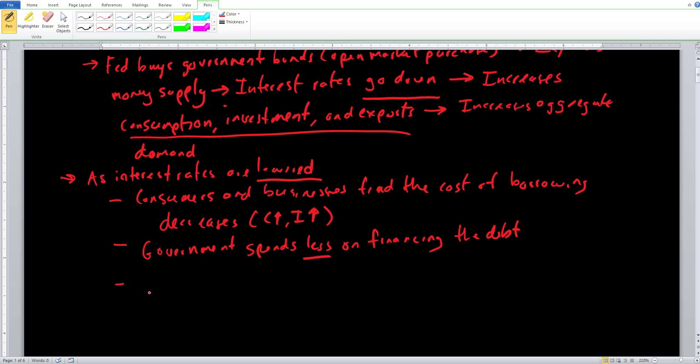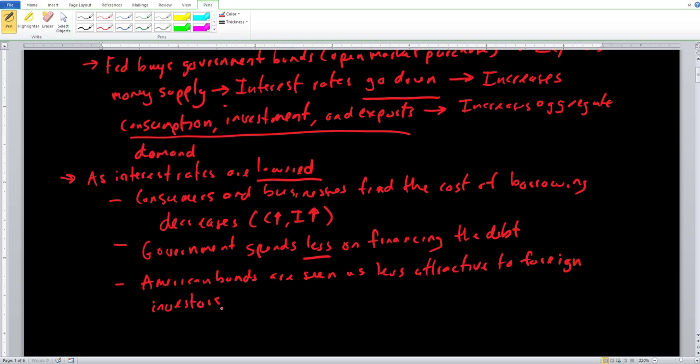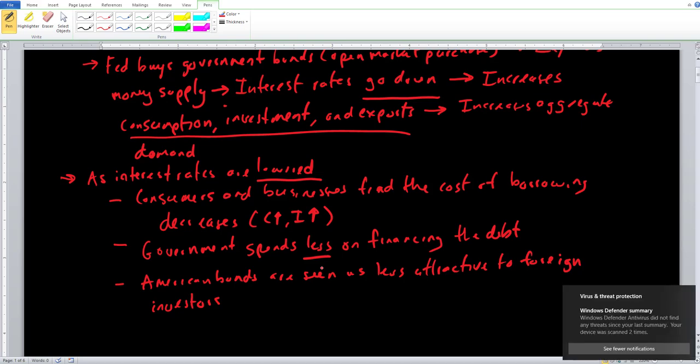So American bonds are more expensive and are seen as less attractive to foreign investors, because the bond prices have essentially shot up when interest rates go down. So not many people want American bonds anymore.